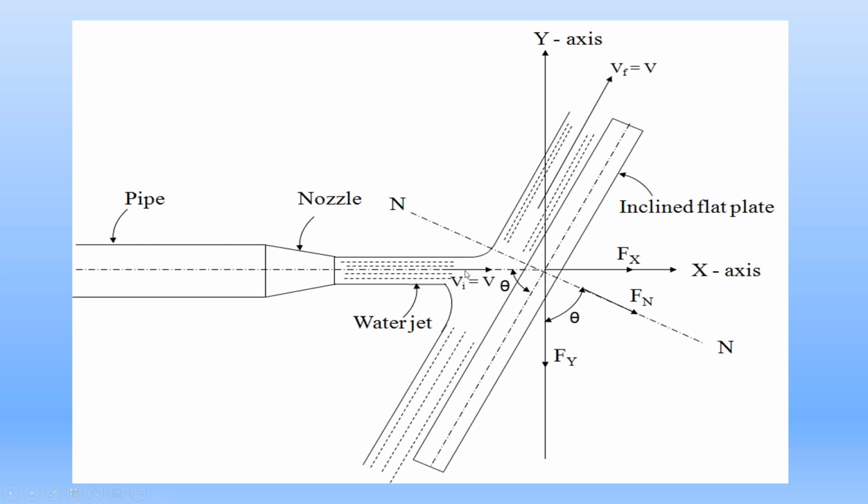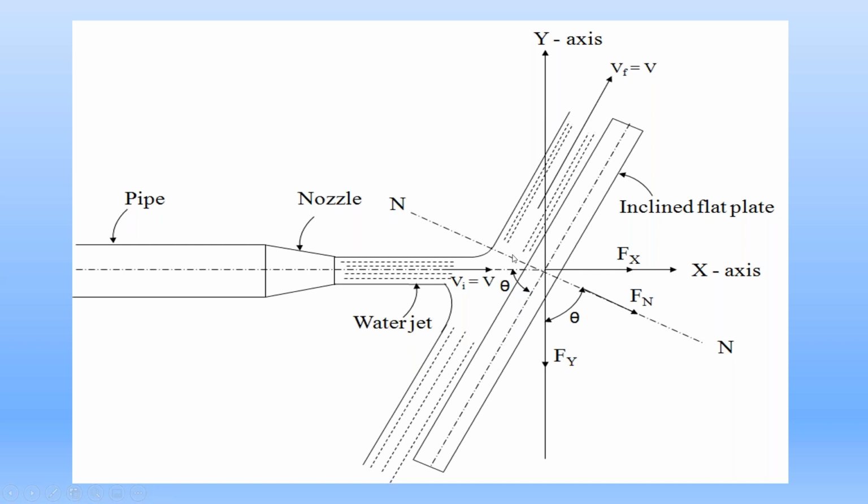This is the initial velocity, horizontal. This is the normal line. This normal line with the y-axis is making the angle of theta, because this metal plate is making the angle theta with horizontal.